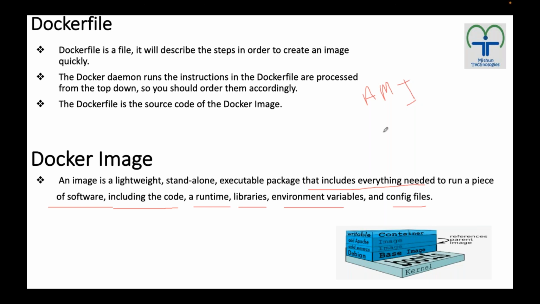It's a pre-configured package, Amazon Machine Image, that contains everything to create an EC2 instance. Does that AMI contain a complete operating system, full OS, and some software, that is required to create an EC2?